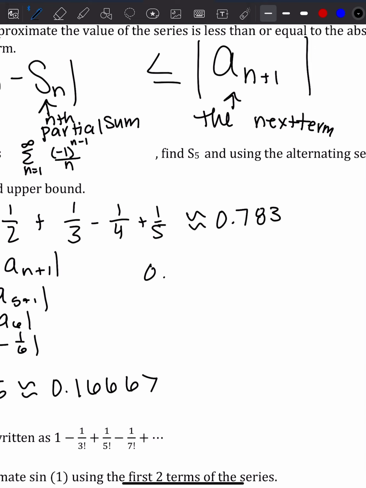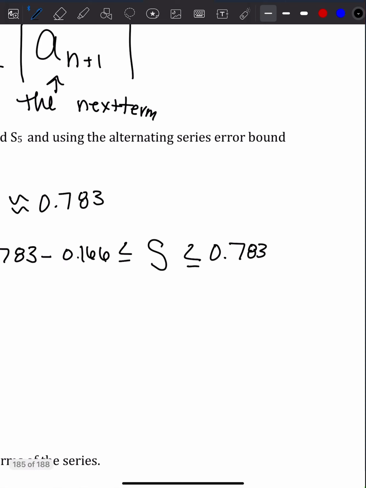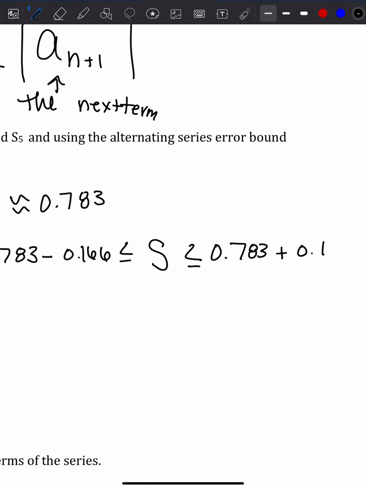So I have 0.783 minus 0.1666, less than or equal to our actual sum S, less than or equal to 0.783 plus 0.166.